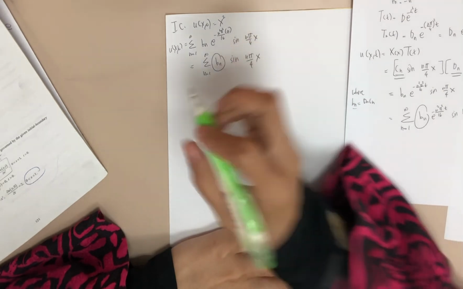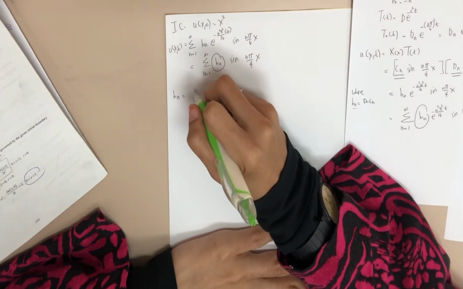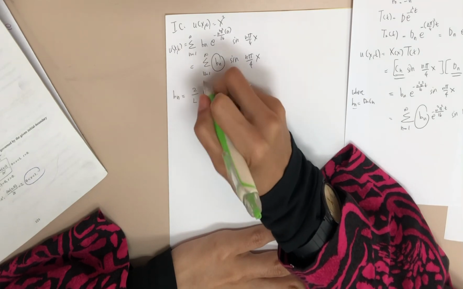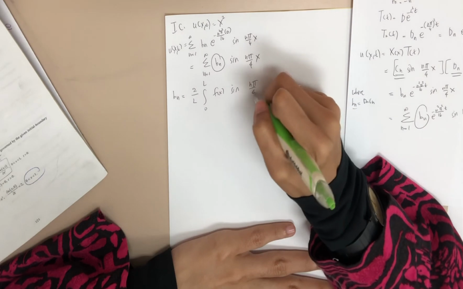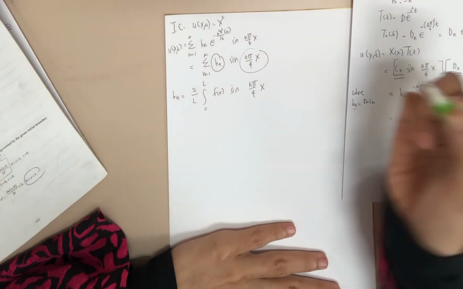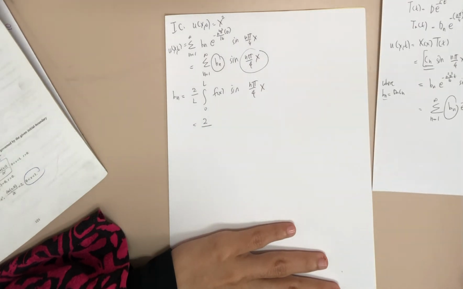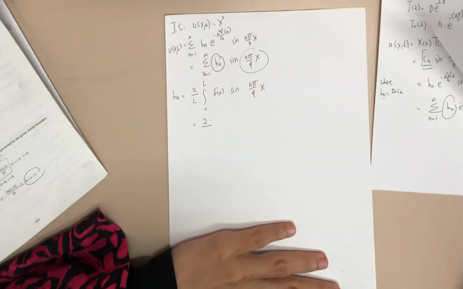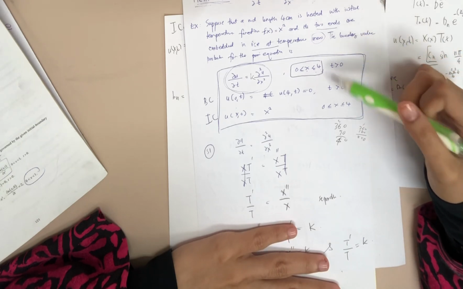So now we find your b_n. b_n is 2 over L, integral from 0 to L of f(x) sin(nπx/4) dx. You need to follow this one. What is your L? I already explained it early in the earlier video.